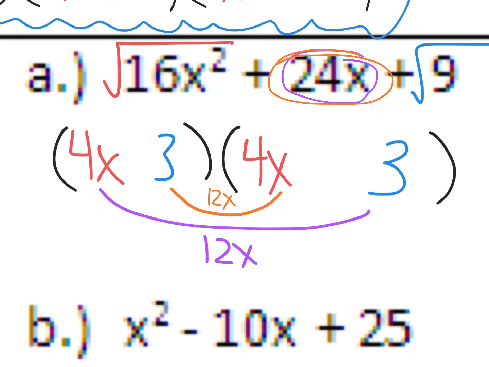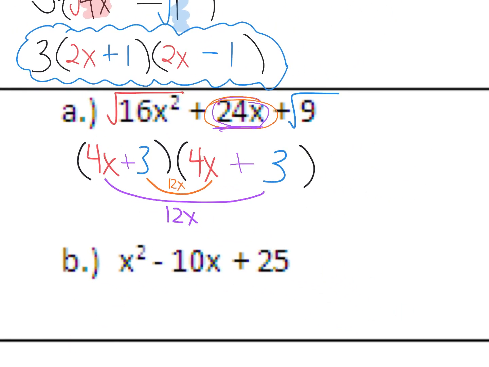So what can you do with 12x and 12x to make 24x? Do we add them or do we subtract them? I think Alex knows. Royce knows. You add them together. So because we need to make 24x that's positive, plus signs go in your parentheses, because 12x plus 12x would give me this 24x right there. Okay, wait. The big kids don't write an answer like 4x plus 3, 4x plus 3. You would actually write this as 4x plus 3 quantity squared.